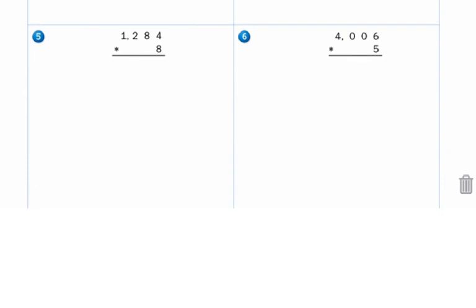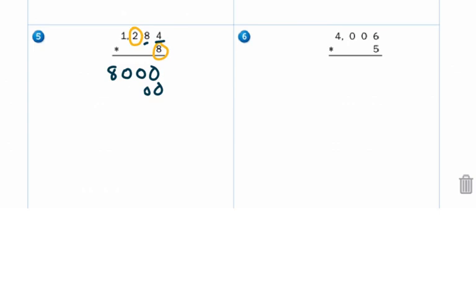Moving down the page, 2 last problems. I have 1,284 times 8. I start with 8 times my largest place value, the 1. 8 times 1,000 is 8,000. Next, I am going to take the 8 times the next place value. 8 times 200 is 1,600, or 8 times 2 is 16 with 2 zeros behind it.